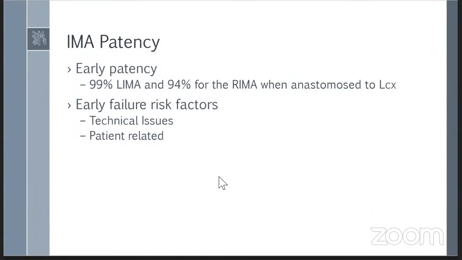Regarding the patency of the internal mammary artery, early patency is almost 99% for the left internal mammary artery, and 94% for the right internal mammary artery when it is anastomosed to the circumflex. Risk factors for early failure are either technical issues or patient-related.